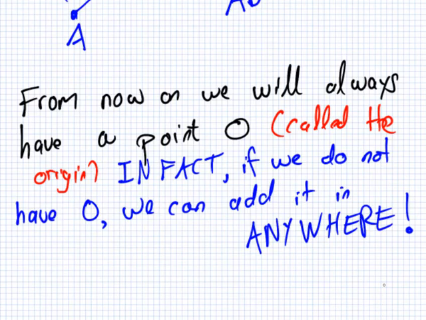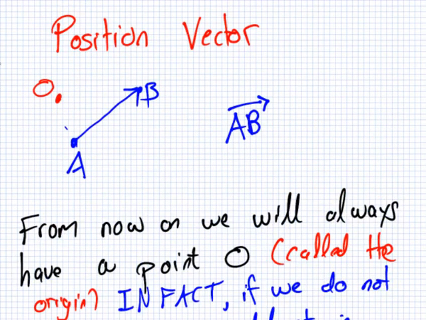So this O is called the origin. The same word you've heard before when we were talking about coordinate geometry, the x and the y. But for vectors, if there's no O in the diagram, you can put the O anywhere in the diagram. Do you understand? Yeah. So in this picture, there's no origin, so I can put it anywhere. So like I can put it here, and it's fine.